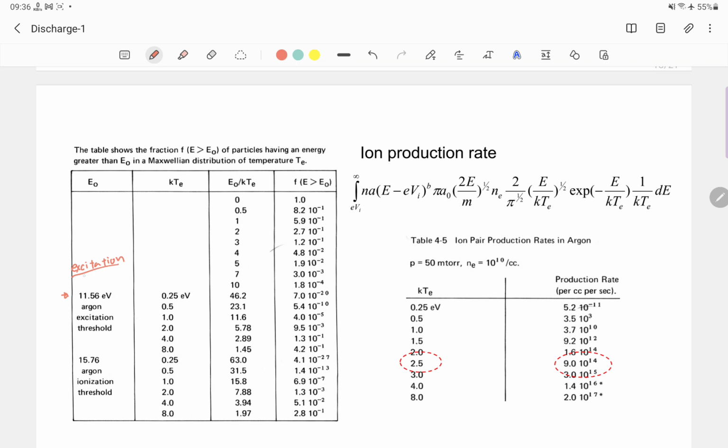At this condition, the ratio of the high energy tail is 1.3 times 10 to the minus 1.